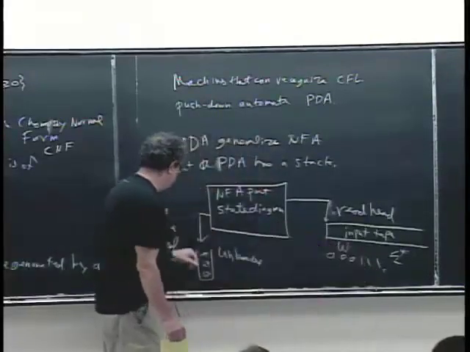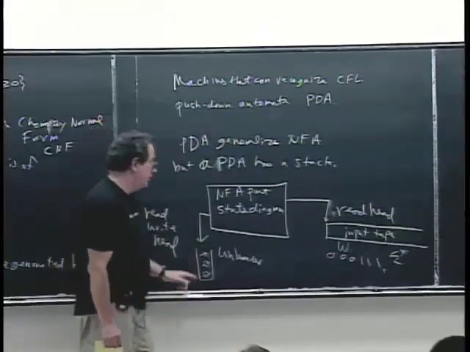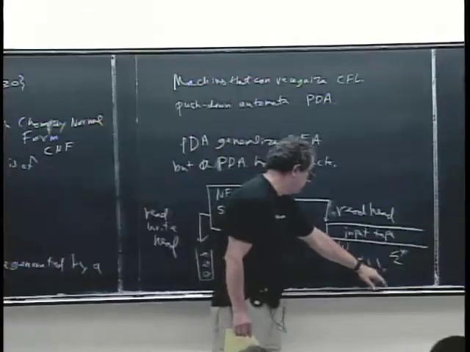And here, you'll be in an accept state if the stack is empty. So if the stack is empty at the time that you are at the end, then you accept.